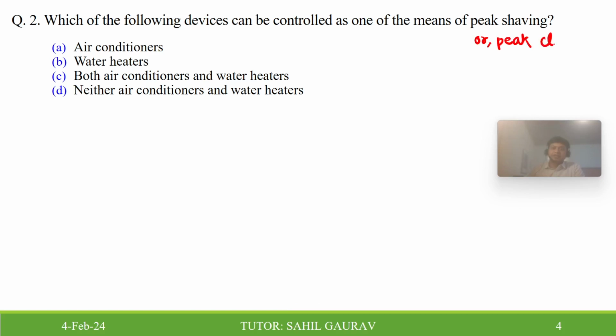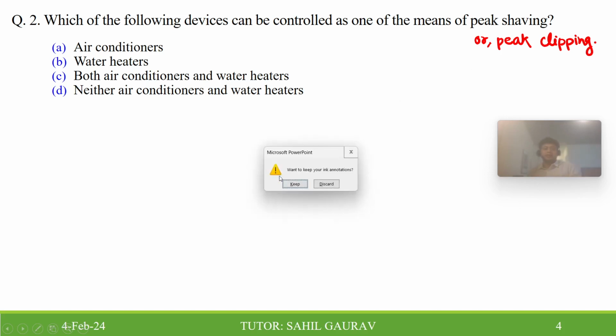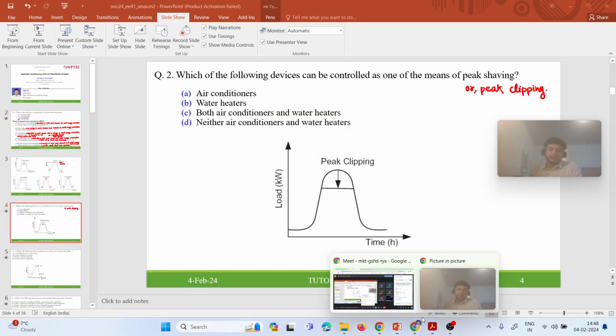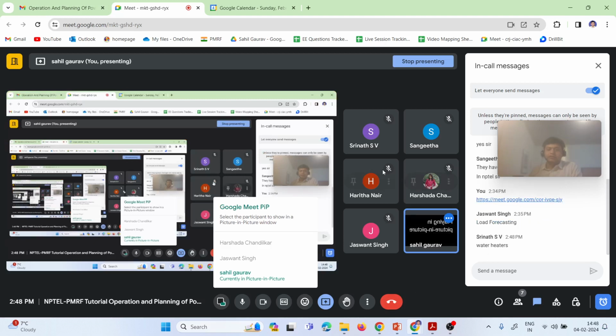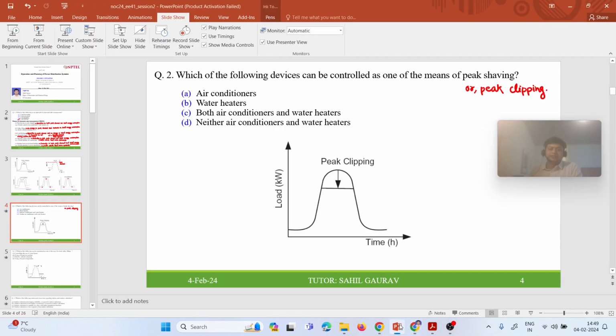So what do you think? You can type your answer in the chat box. What should be the answer? Peak saving or peak clipping. Yes, I am getting the responses. Srinath, water heater, Jaswant Singh, C. Yes, C is the correct answer. Both air conditioner and heaters.